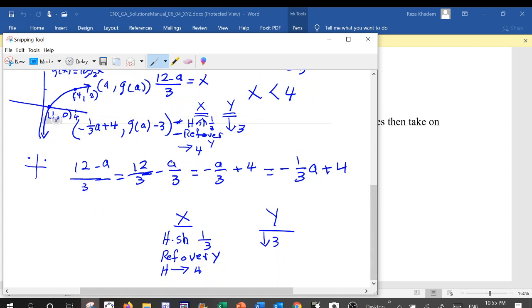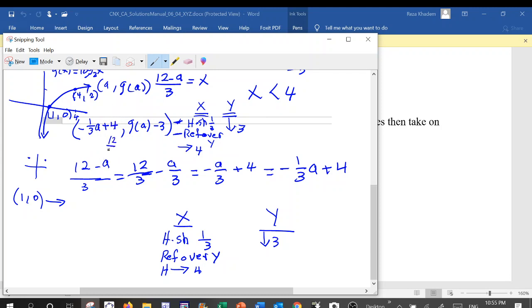So what happens to 1, 0 under this transformation? Well, if you put 1 in here, negative 1/3 times 1 plus 4, right? So that would be negative 1/3 plus 4. Now 4 with the denominator of 3 is 12 over 3.